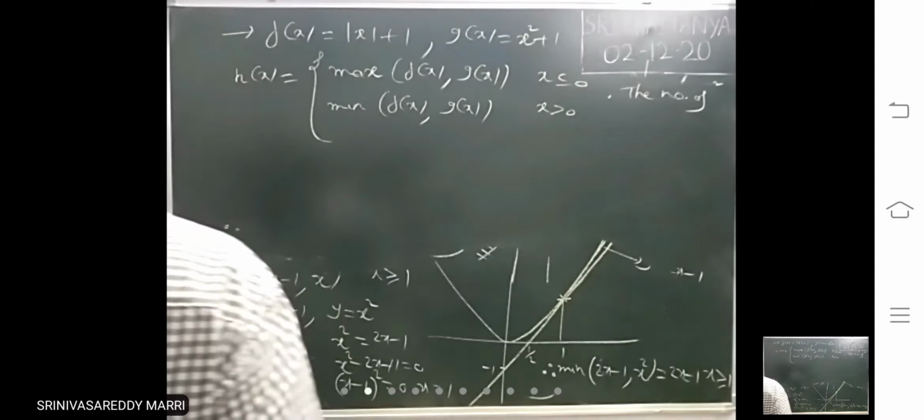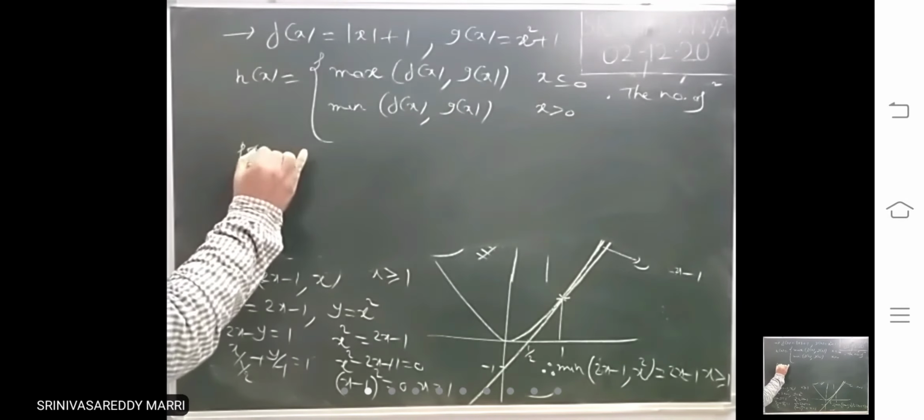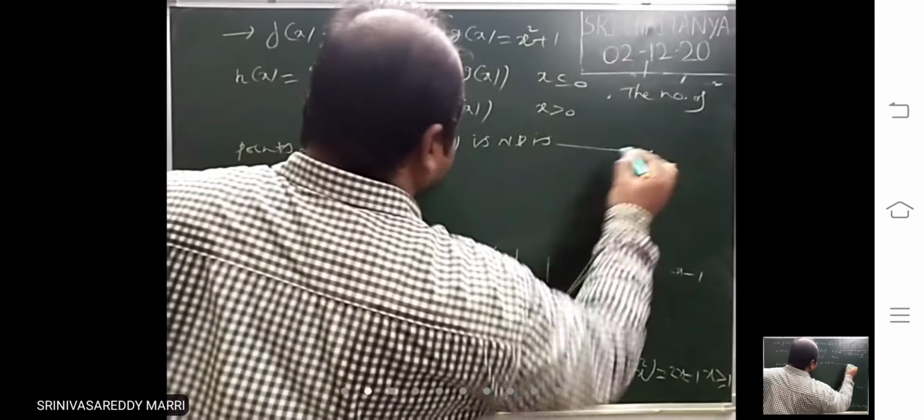The number of points at which h of x is not differentiable is dash.